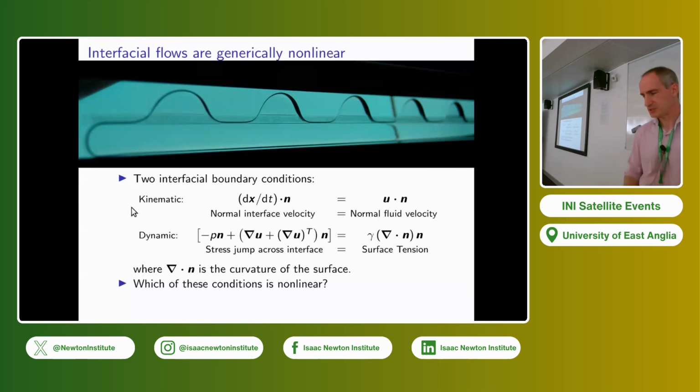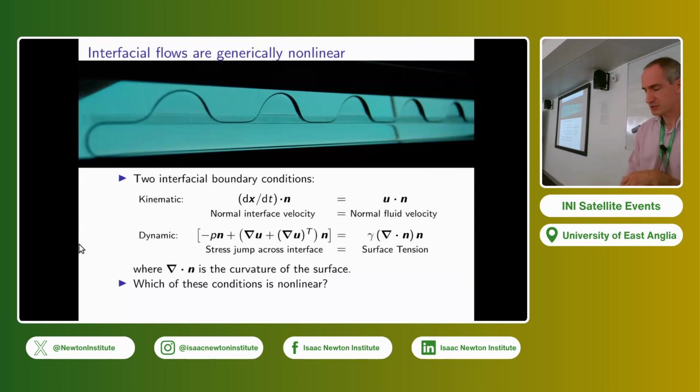There's a kinematic condition, which says that particles on the surface stay on the surface, or in other words, the normal interface velocity, so x here is the position of the interface, t is time, n is the normal to the interface, and u is the fluid velocity. So the normal interfacial velocity matches the normal fluid velocity.